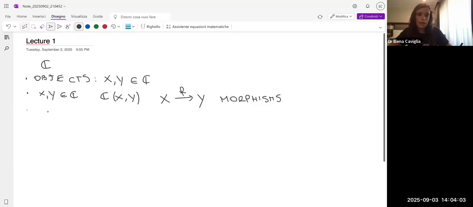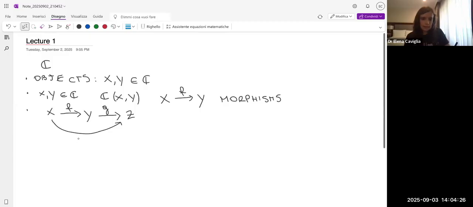And then we have a way to compose these arrows. So if we have an arrow that goes from X to Y, let's call it f, and another one from Y to Z, let's call it g, we also have a way to compose these two arrows. So we get an arrow from X to Z that we call g composite f, the composite of the two arrows. Formally, what we have is a bunch of functions.